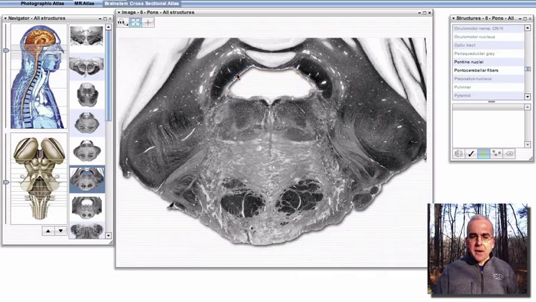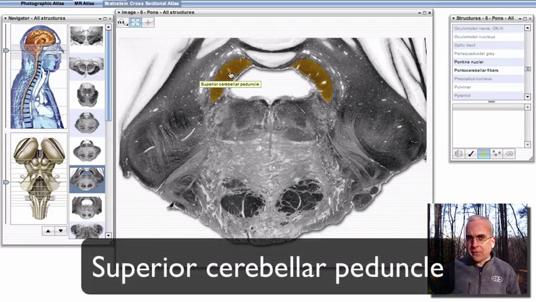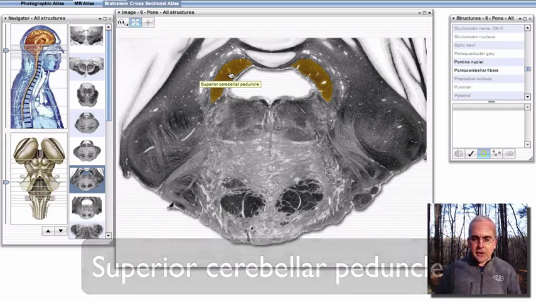Now, you may be wondering about these dark bundles of white matter that we see here in the lateral aspect of the ventricles here. This is the superior cerebellar peduncle, yet another major bundle of axons associated with the cerebellum.